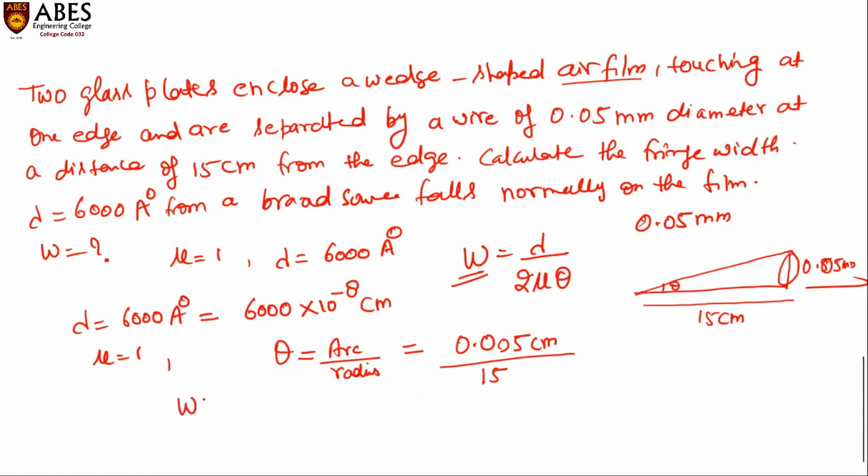Omega is equal to 6000 into 10 to the power minus 8, which is the value of lambda, upon 2 into the value of mu, which is 1, and the value of theta, 0.005 into 15.